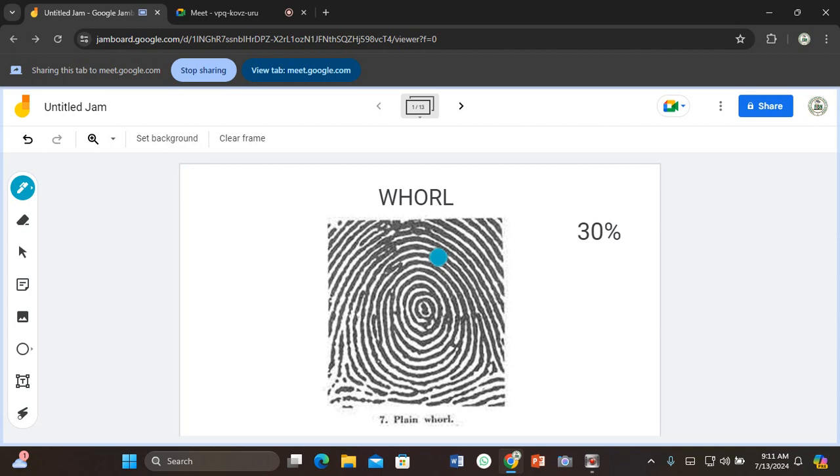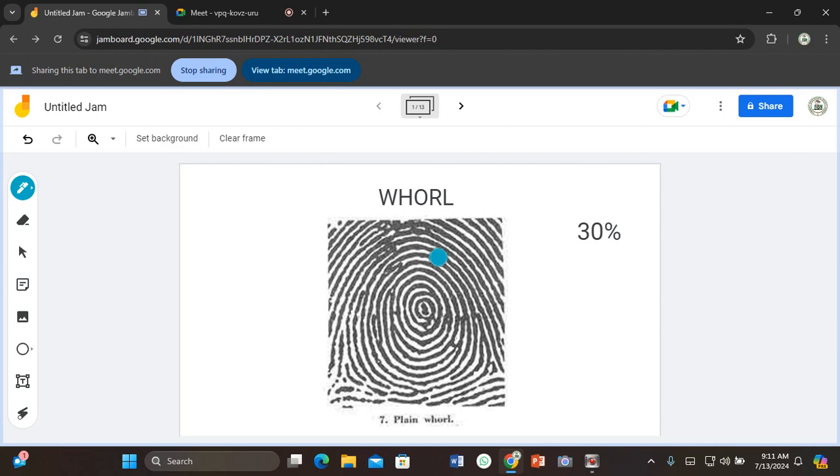Now, this group is subdivided into about four. The first one is plain whorl. The second one is double loop, then central pocket loop, and the last one is accidental whorl. Now let's talk about the plain whorl first.